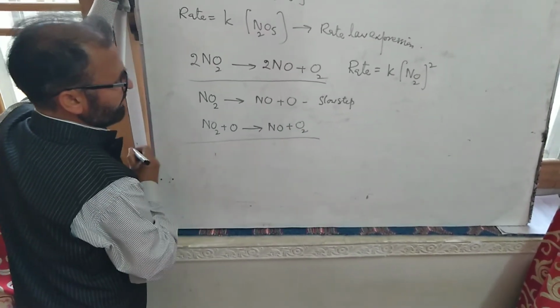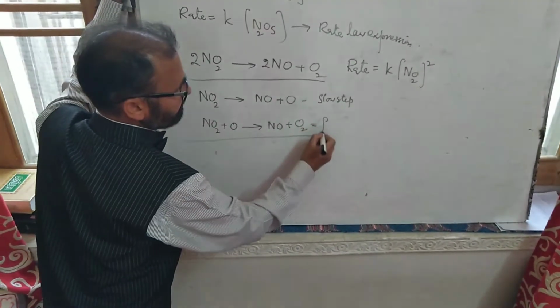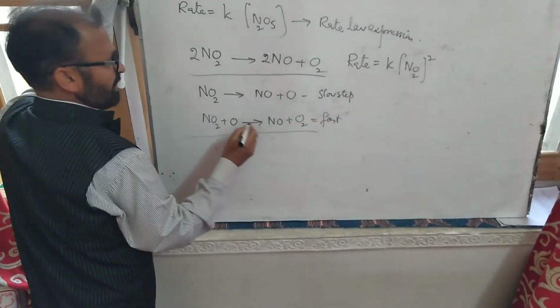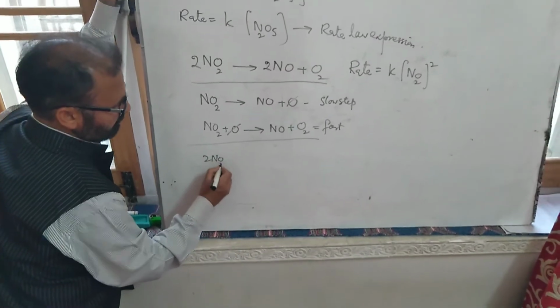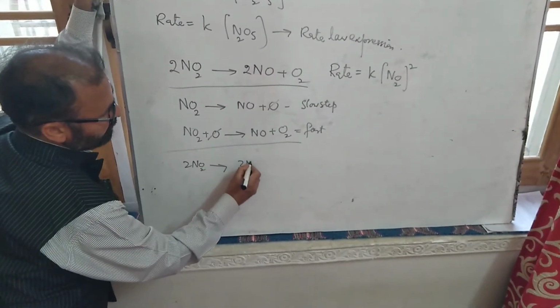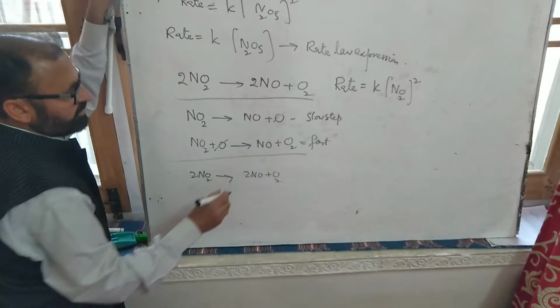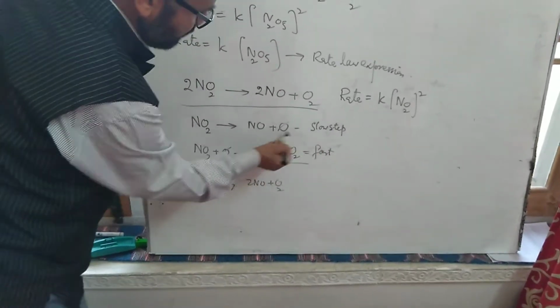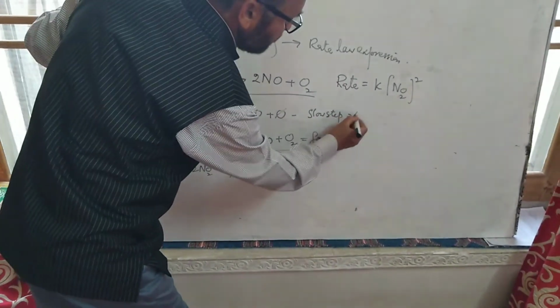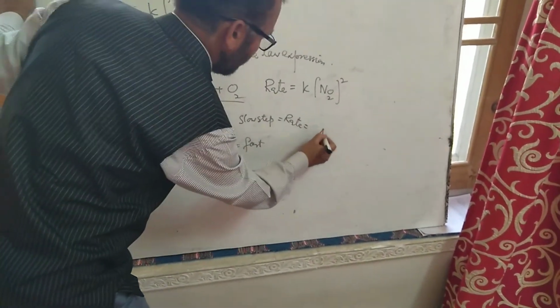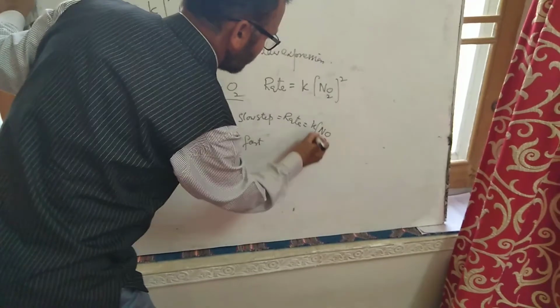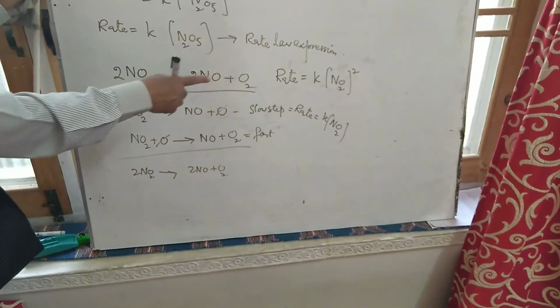If you add these, this is the first mechanism, and it gives 2NO2 gives 2NO plus O2. Since you know the rate depends upon the slow step, the rate will be equal to K NO2. Now keep this first one in mind.